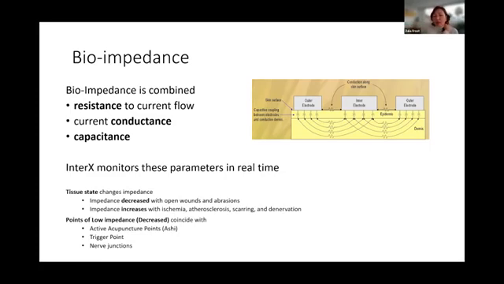So that's why when you use an InterX device, you can actually watch these parameters in real time and make your clinical judgment. So, for example, tissue states will change this bioimpedance. Impedance decreases when there is an open wound or abrasions. Yes, exactly. If you put the InterX on an open wound, you'll scream because even 2%, which generates a default, is really strong because conductivity will be through the roof.